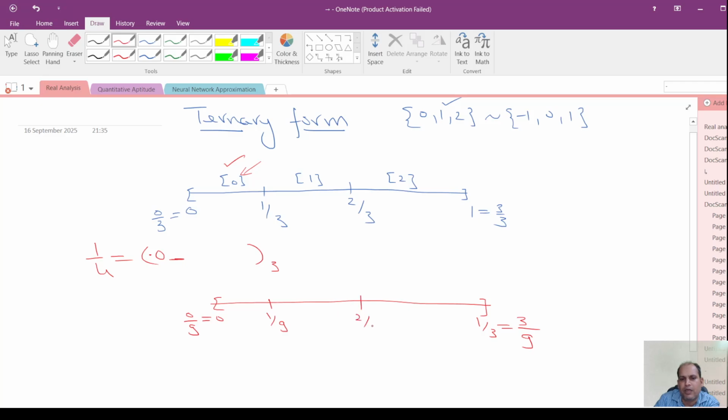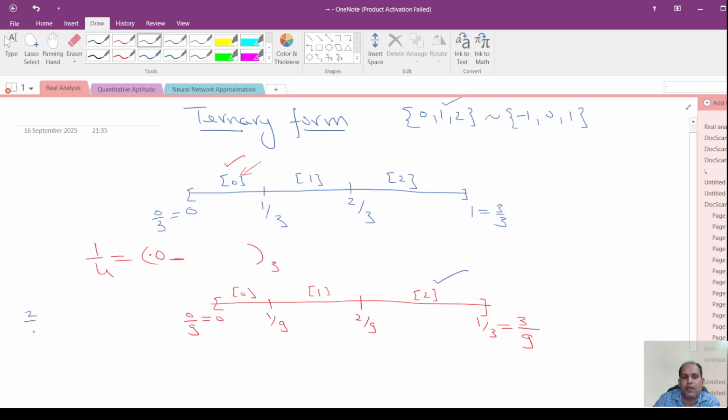this will be 2 by 9. Label them as 0, 1 and 2, and then again look at where 1 by 4 will lie. So 1 by 4 will be in the last part. Just look at 2 by 9.